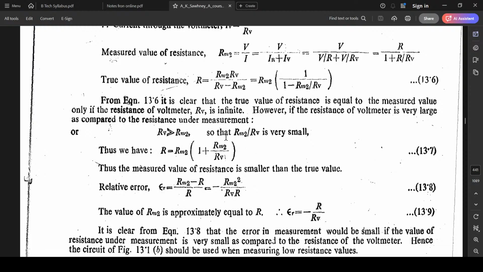Why is it getting 1 plus R2 by RV? Should it be okay from here or what? R2 plus R2 square by RV. Okay.